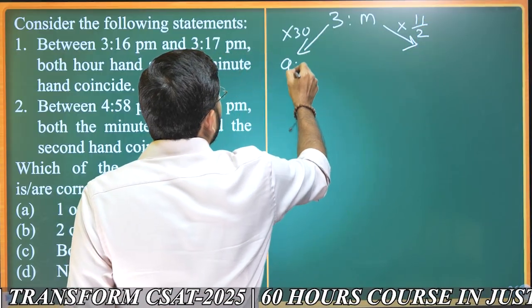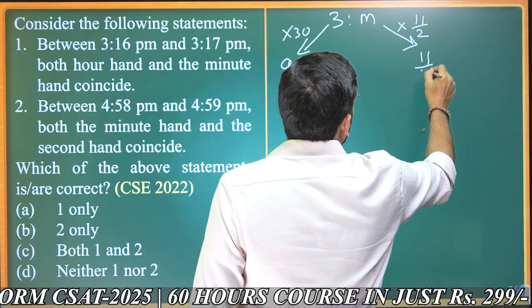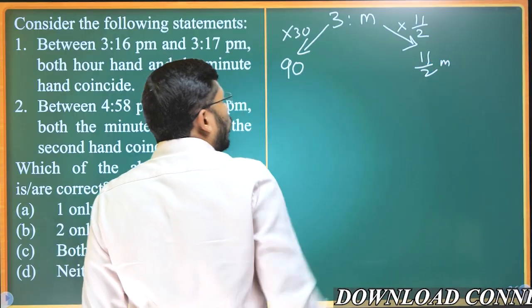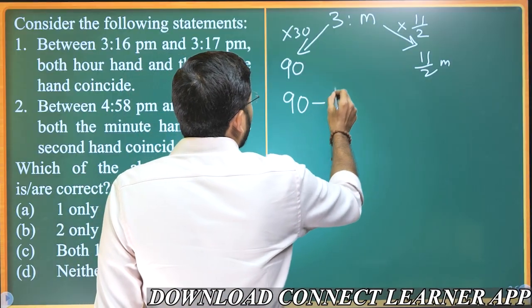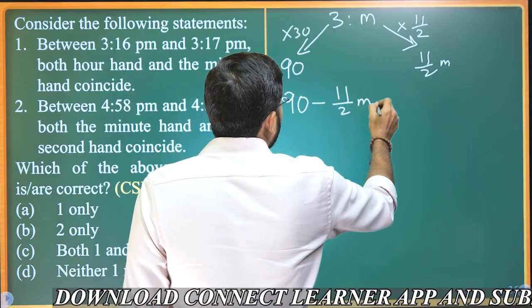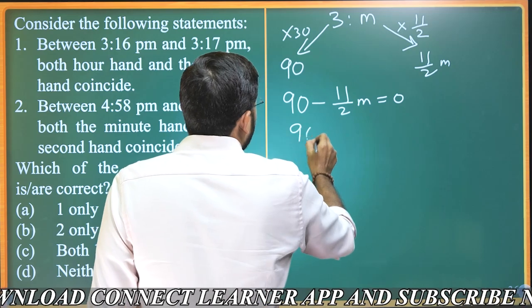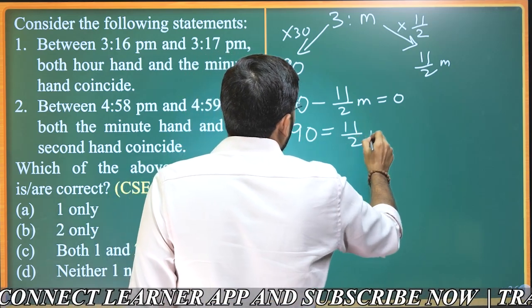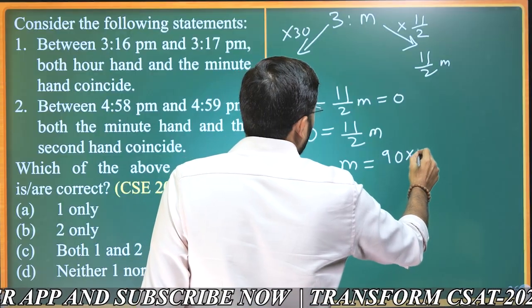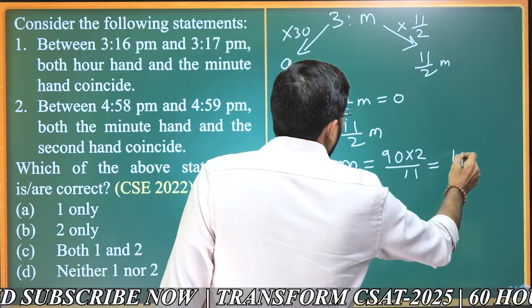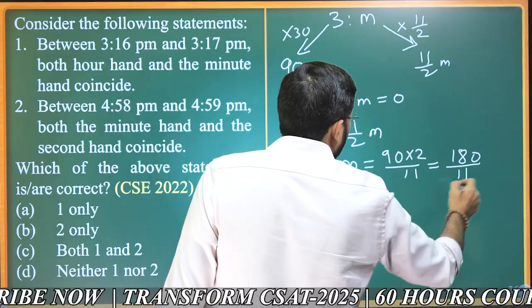This would be 90 and this would be 11/2 m. When they are coinciding, the angle between them will be 0 degrees, right? So, 90 minus 11/2 m is 0. So, 90 is equal to 11/2 m. m is equal to 90 into 2 divided by 11, or 180 divided by 11.